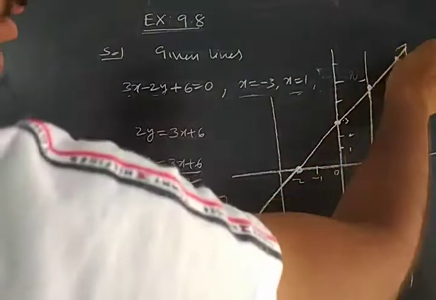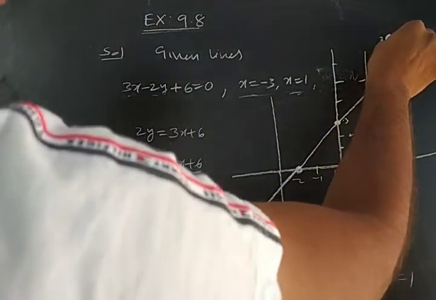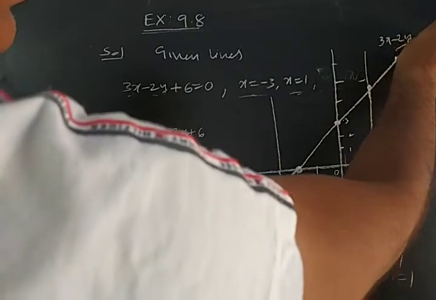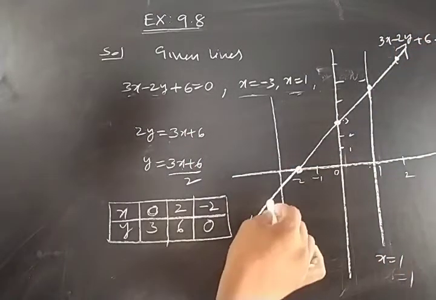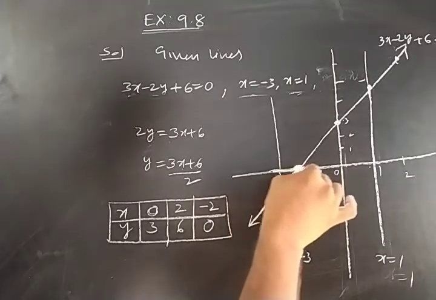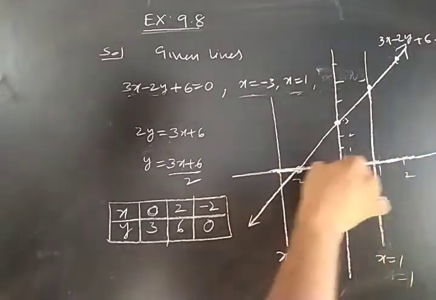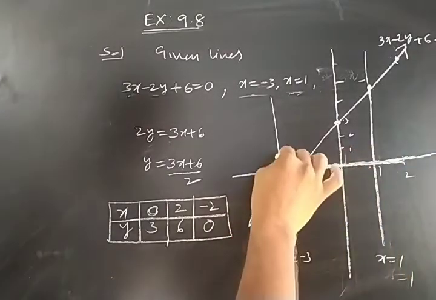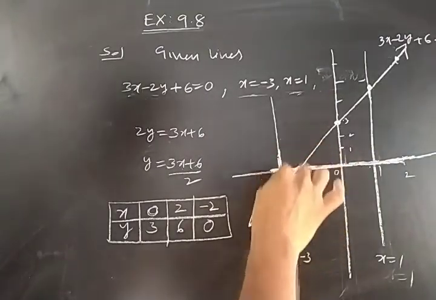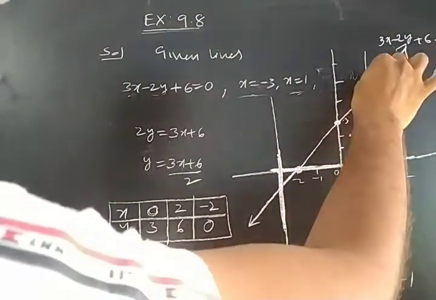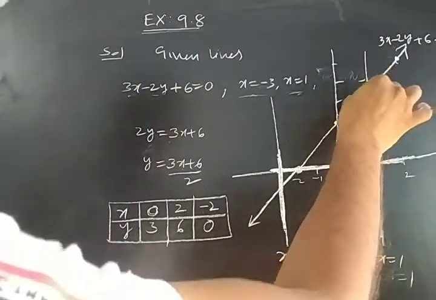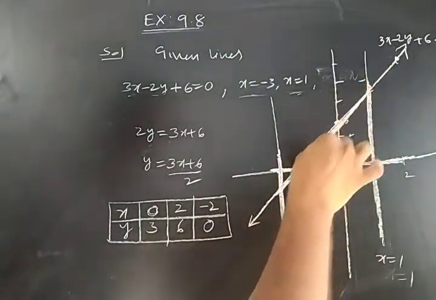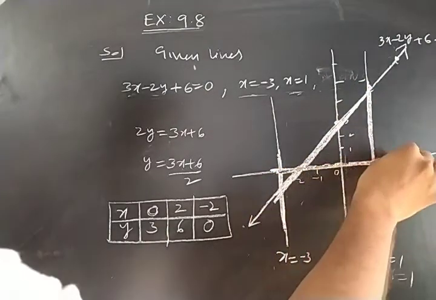First line, which is 3x minus 2y plus 6. Now identify the bounded region, which is bounded by x-axis and the lines x equal to minus 3 and x equal to 1, and this line. See the bounded region.